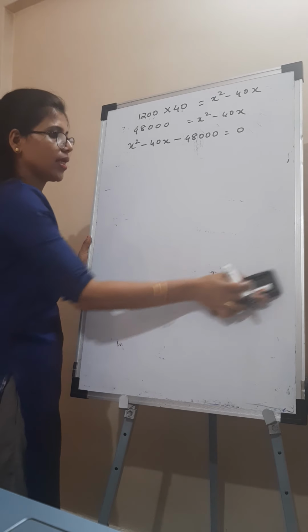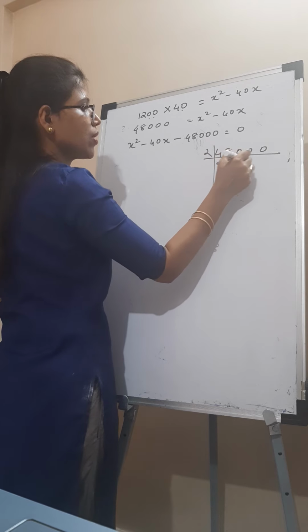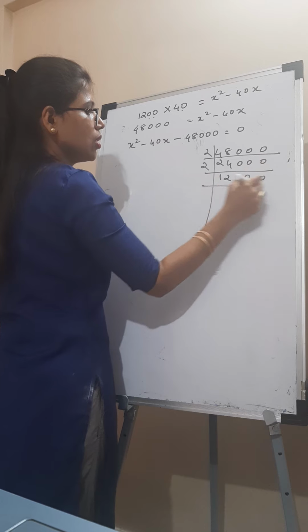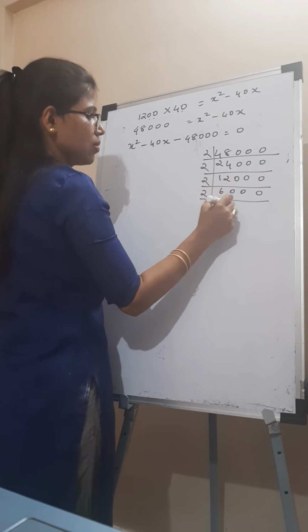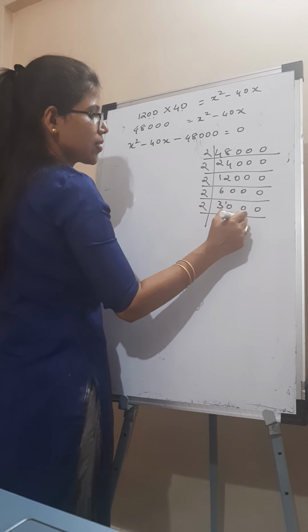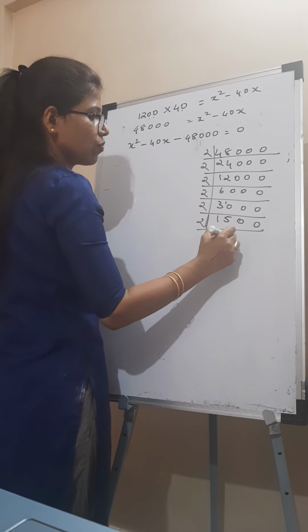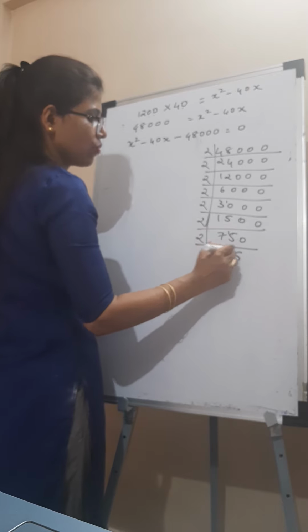So when you factorize it, you will get 48000, 2 2s are 4, 2 4s are 8, and so on, dividing by 2 repeatedly.